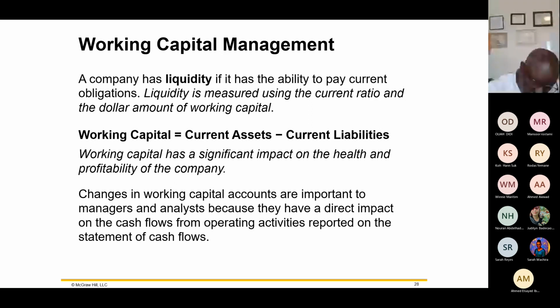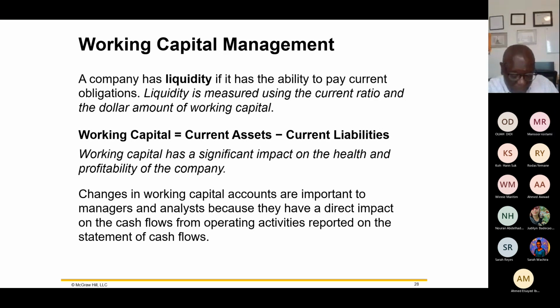We have refreshed our memory on current ratio, and now the question is, what is quick ratio? The company's total current asset is 50,000. Total current liability is 25,000.